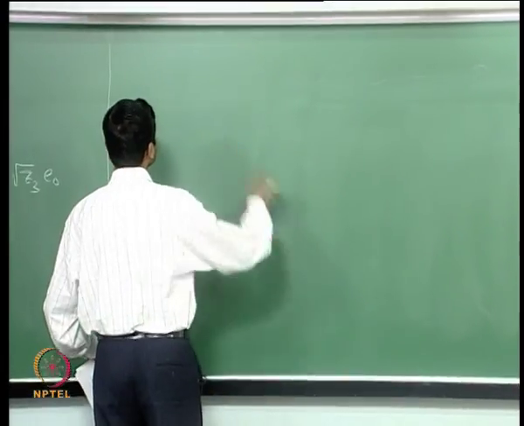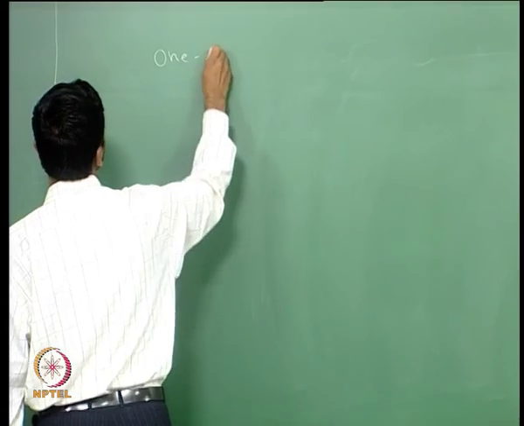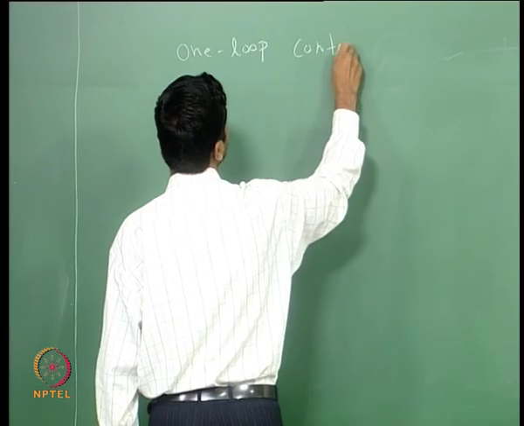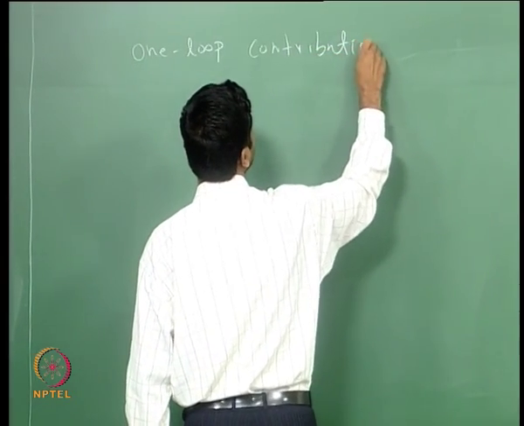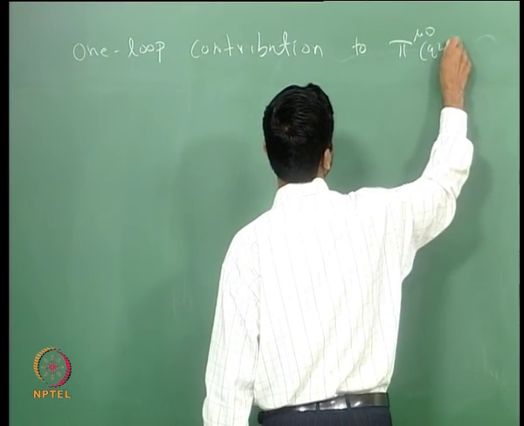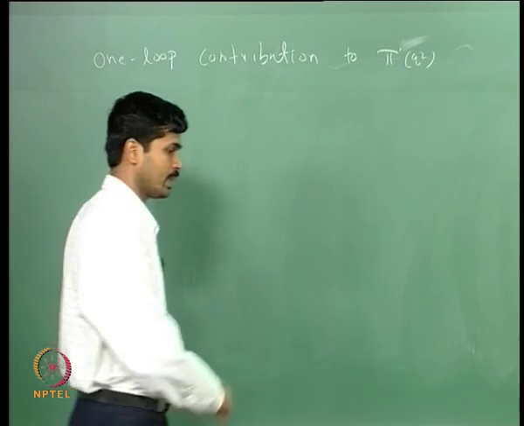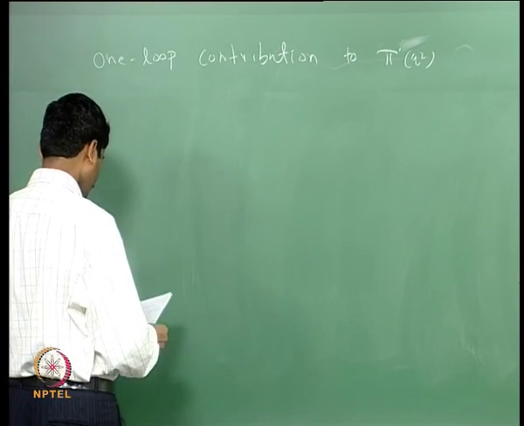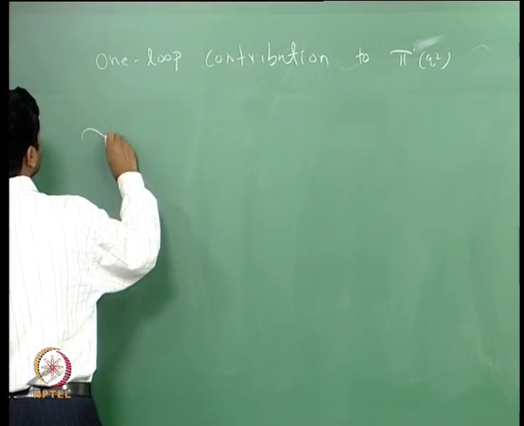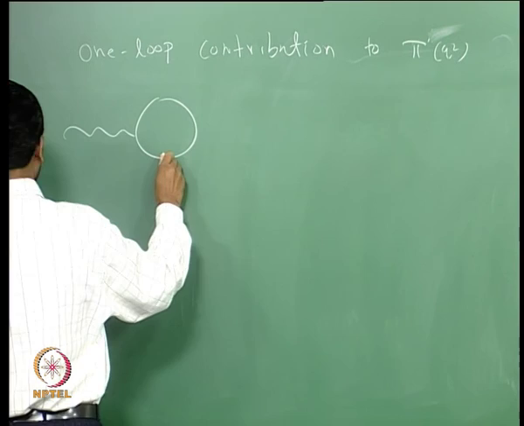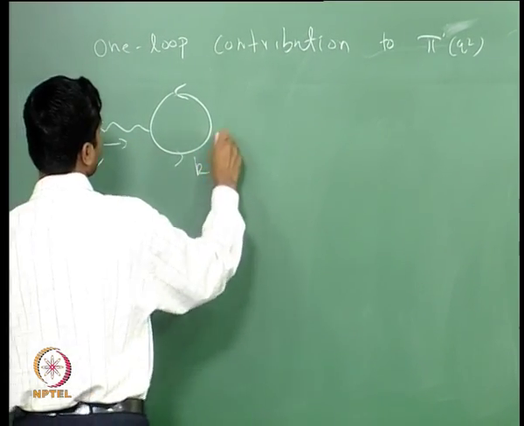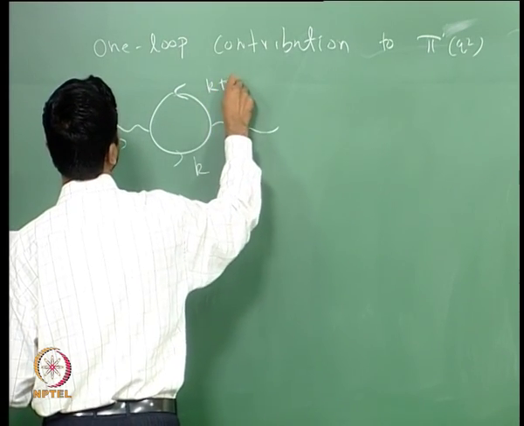What we would like to do is compute the one loop contribution to pi mu nu of q squared, or simply pi of q squared. So we need to consider this diagram here. This is q, this is k, and this is k plus q.